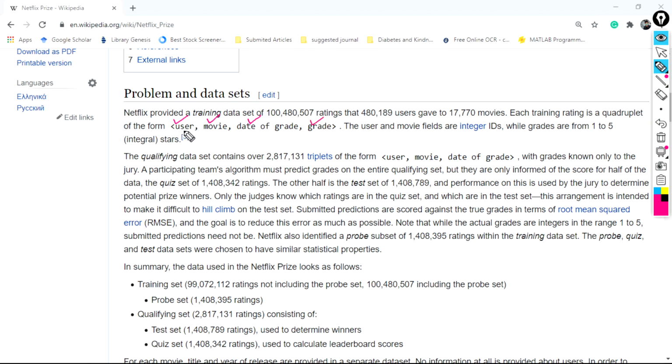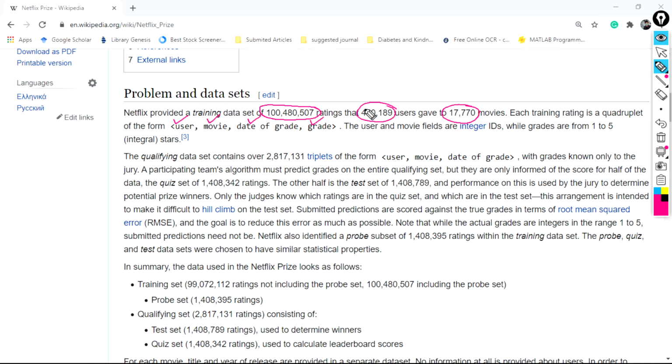These are the features of the data. They have given this much amount of training data, with ratings given by this number of users for this number of movies. This is the size of the training data set.